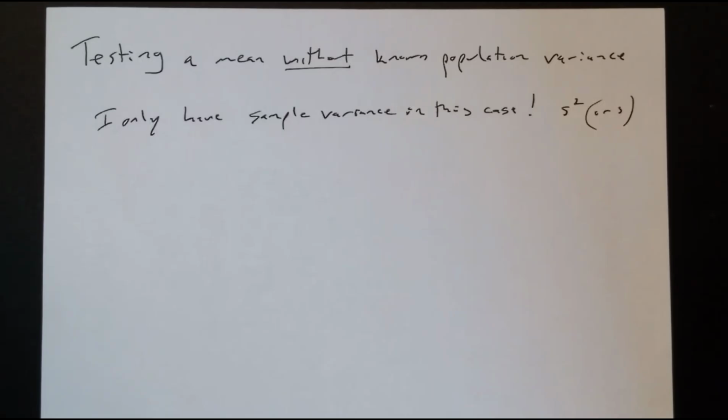This time it'll be the sample standard deviation instead of the population standard deviation. But that means I don't actually have a known variance. I can't claim normality. I have to deal with the fact that that unknown population variance means I can't use my Z table.